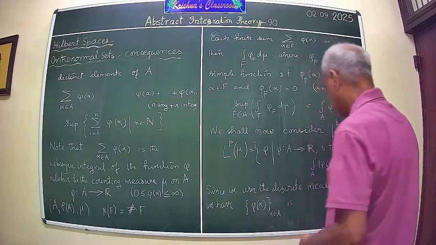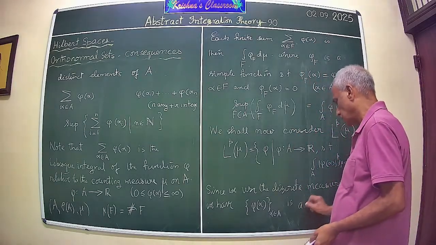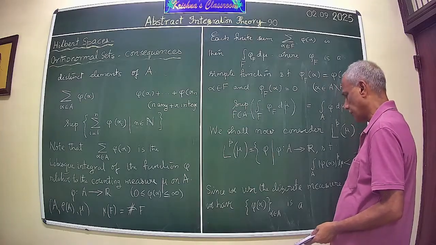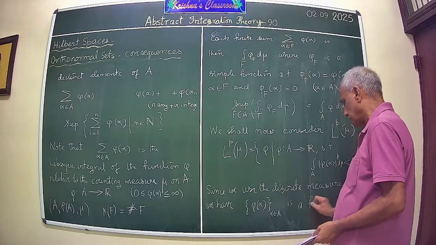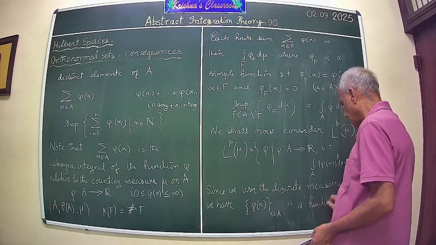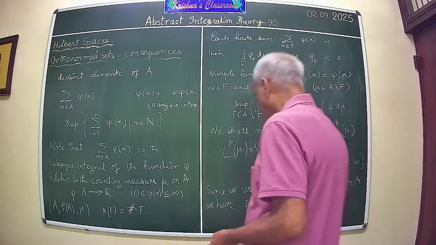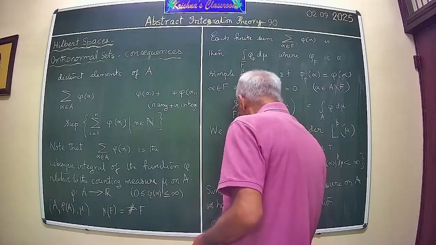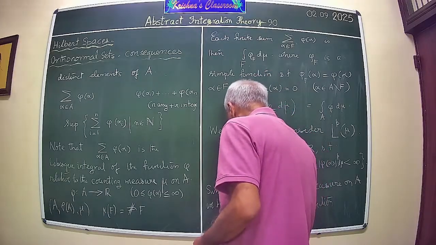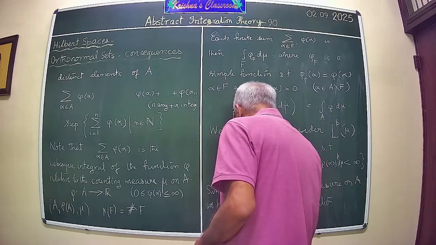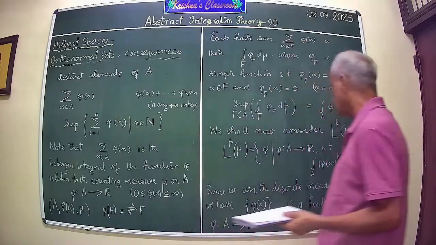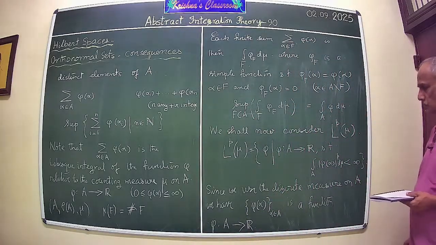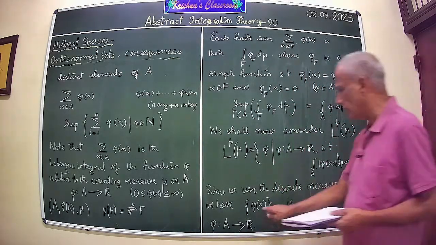A discrete function, a function from A to R. Therefore, this becomes a sequence.